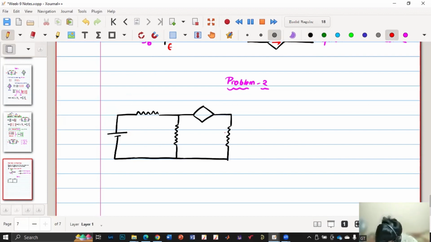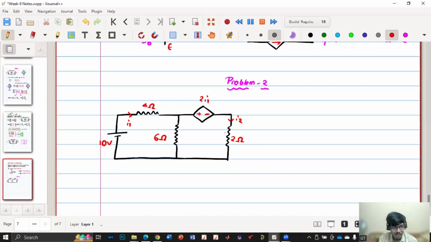This is 4 ohm, this is 10 volt, this is I1, this is 6 ohm, this is 2I1, this is 2 ohm, and this is I2. The dependent voltage source has magnitude 2 into I1.